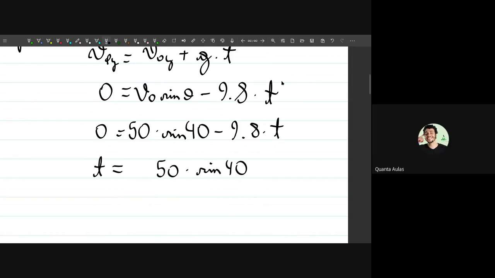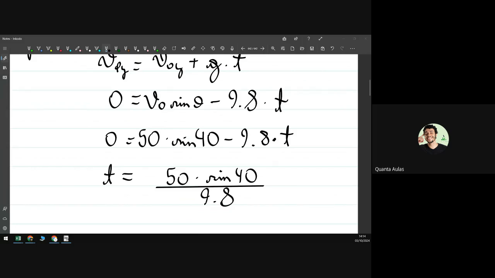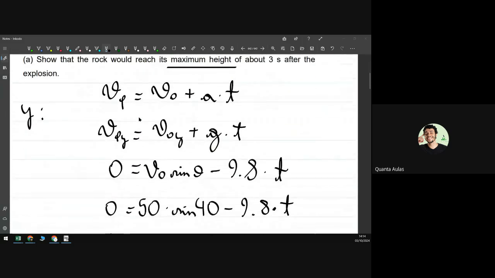Okay, did you do this math another time? Yes. Okay, so you are right, because this is the thing here. But I don't know how much is sine of 40.